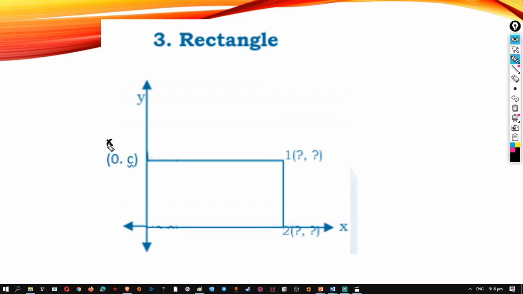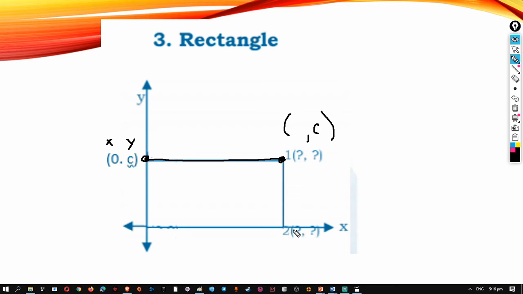Ang x ay 0 at ang y ay c. Kung ang y ay c, dahil magkatapat, ang y rin nito ay c.